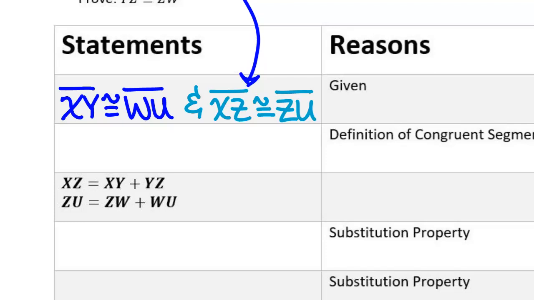All right. So a couple things I notice. It gives me the next reason. It says definition of congruent segments. And the other thing I notice is in these last two statements that they give me, the next to last one has an equal sign in it. Do I have any equals yet? No. But I know these segments are congruent.